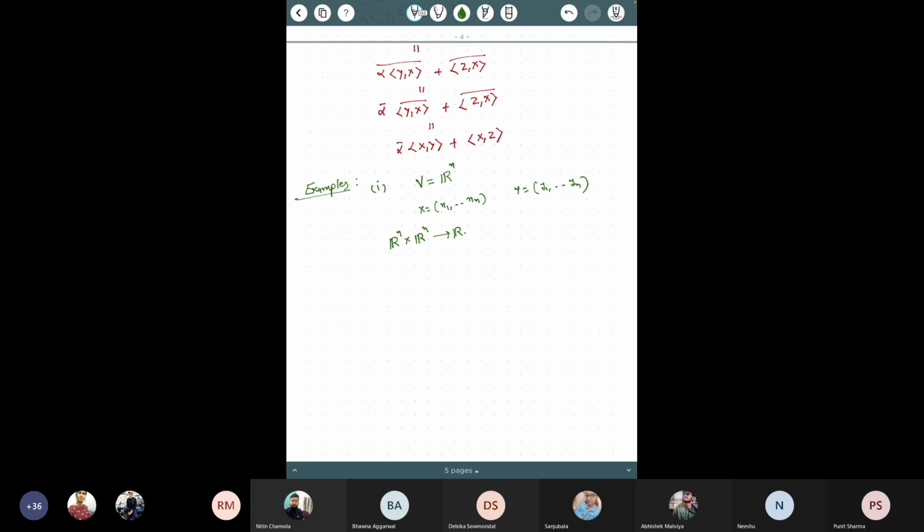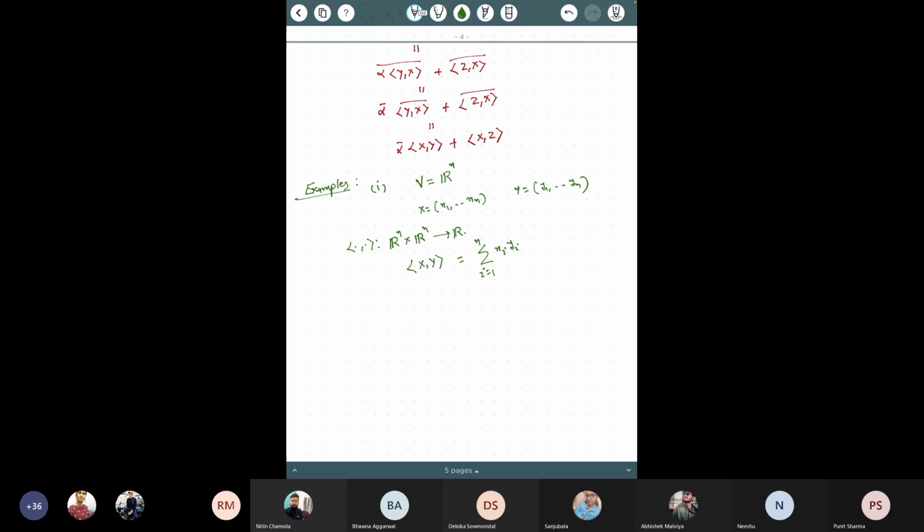So you can define this function. If I use this notation, you take xy, which is just the dot product, that means the sum of xi yi, i equal to 1 to n.